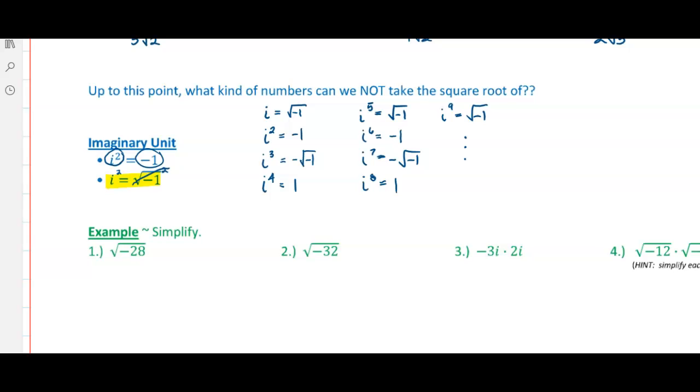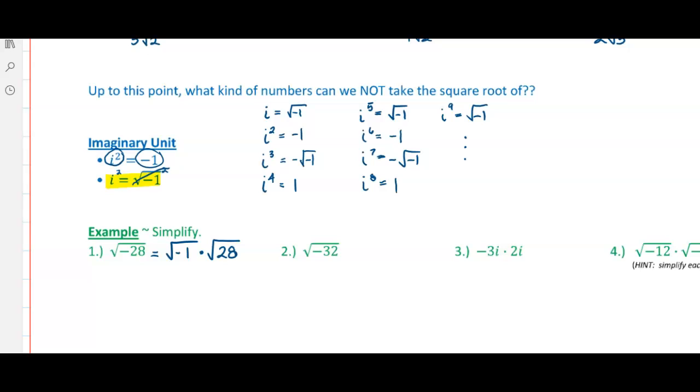When we have a problem like this where we have a negative under the radical, we need to rewrite this as two radicals multiplied together. Negative 1 times radical 28. The radical negative 1, based on our chart here, is just going to be i.